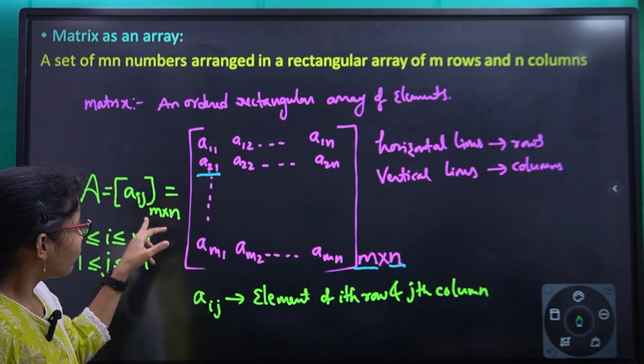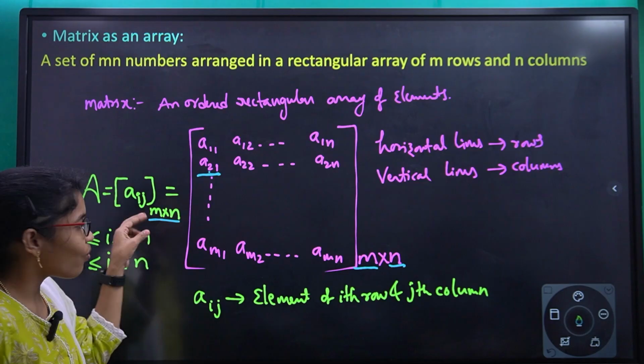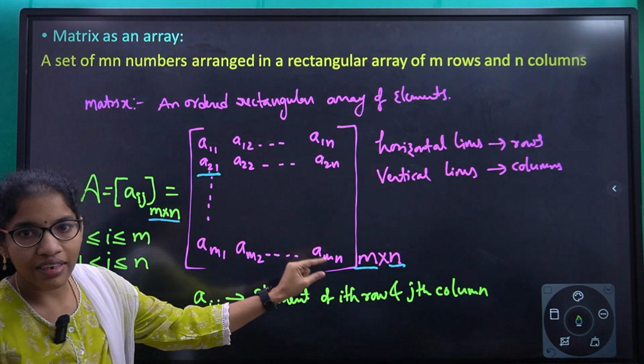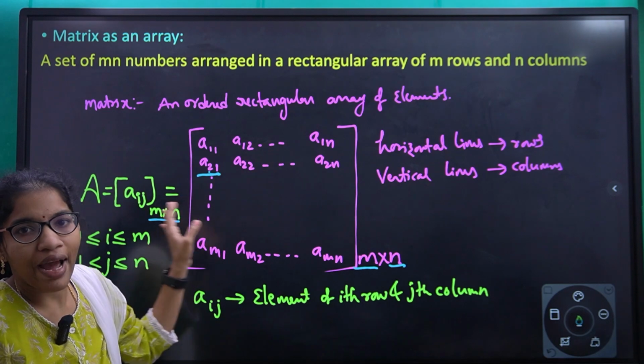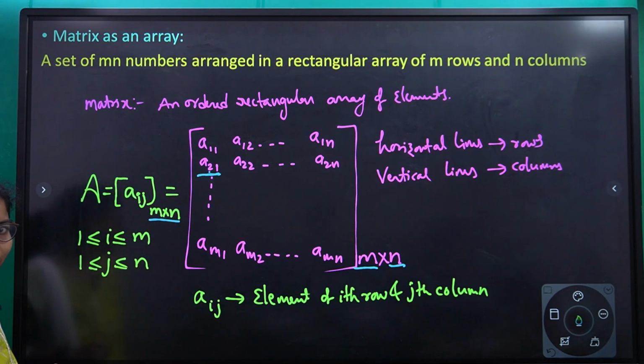Clear? So m by n, you can call it m cross n also. So what is it called? m by n or m cross n is called the order of the matrix, right? So what is meant by the order of the matrix?